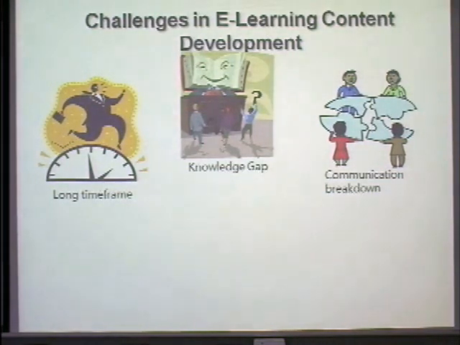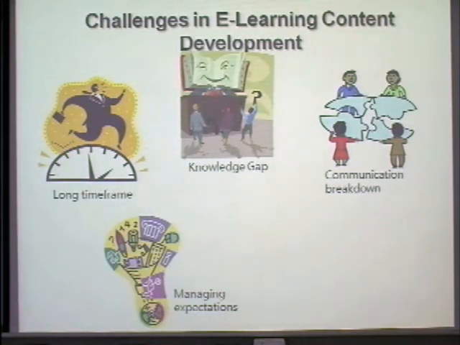So it's bound to have this challenge where communication breakdown always happens in e-learning content development. Managing expectation is another aspect, where it's very subjective when it comes to the content for e-learning. How the content is presented always involves a lot of different expectations from different individuals. So managing expectation is also a big challenge.